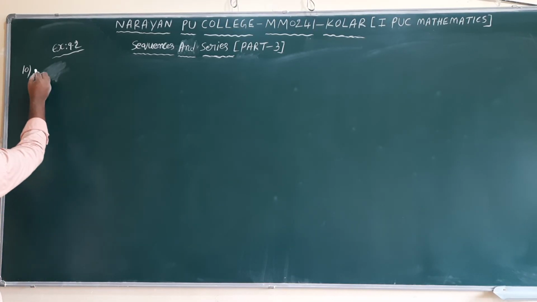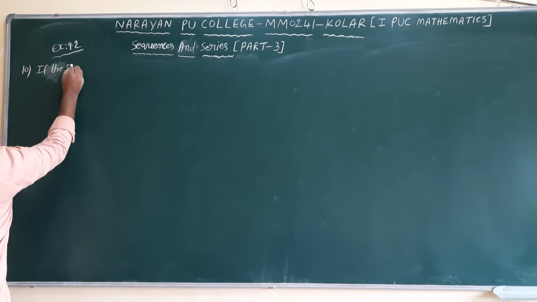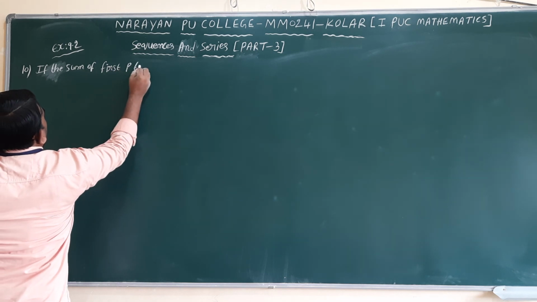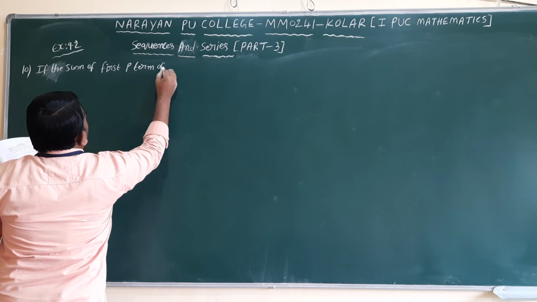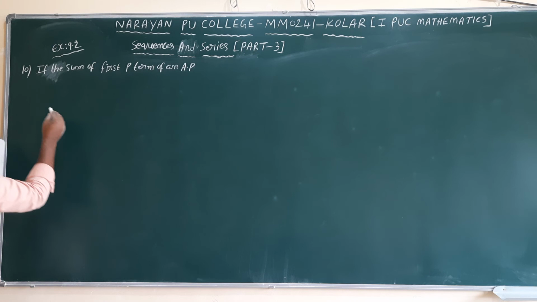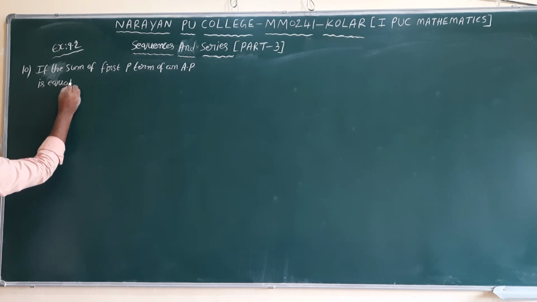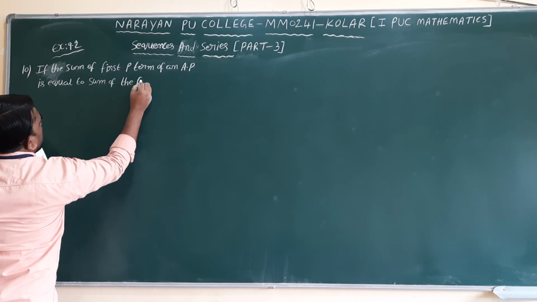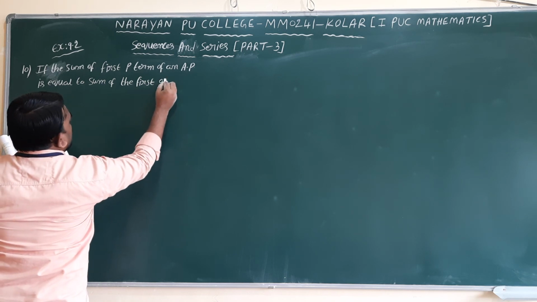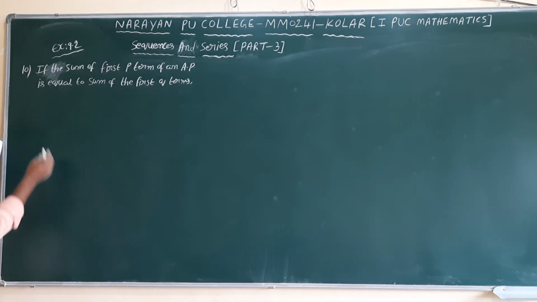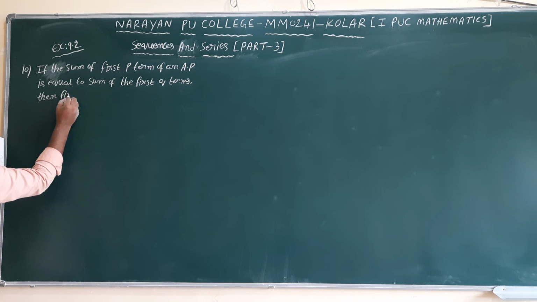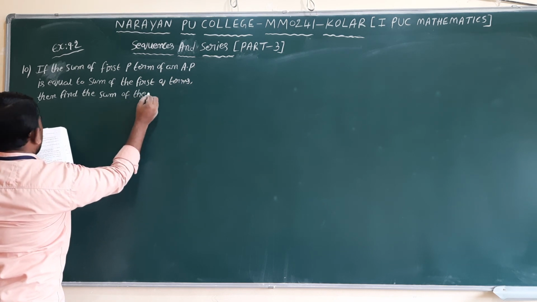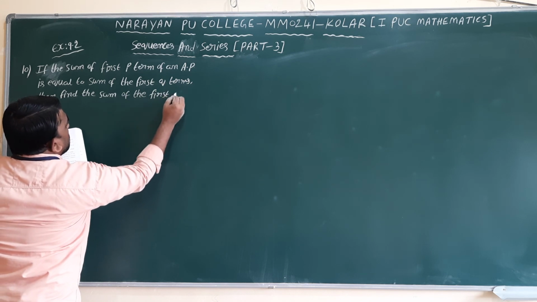Next problem: if the sum of the first p terms of an AP is equal to the sum of the first q terms, then find the sum of the first p plus q terms.